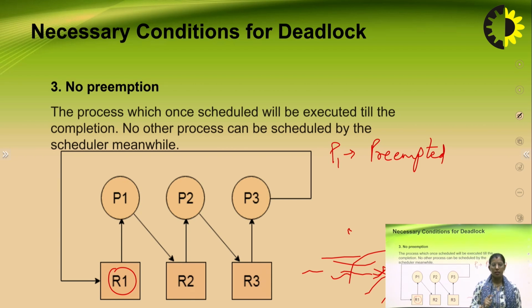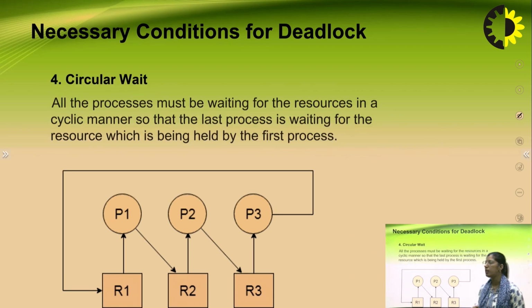But for this necessary condition to be true, none of the processes can be preempted before its completion, right? Moving on to the next necessary condition, which is circular wait.